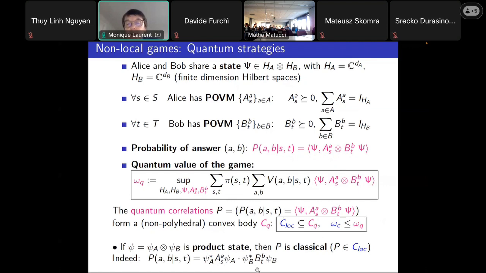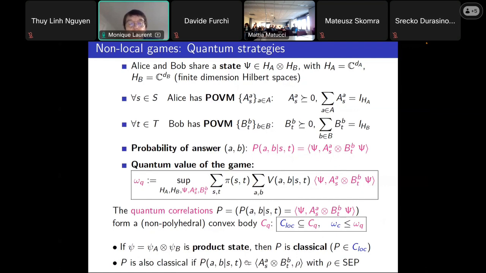And this is precisely the shape of a classical correlation. So we find again that if psi is a product state, then we get a classical correlation. And so if we want to get a true quantum correlation, we need to select psi which are not product states. So the psi should give rise to an entangled state.